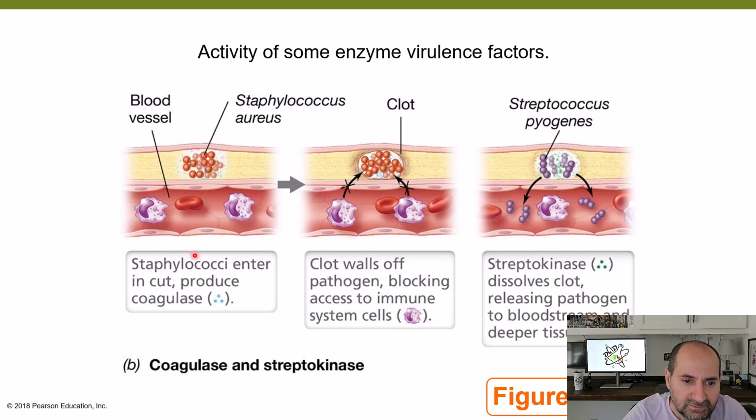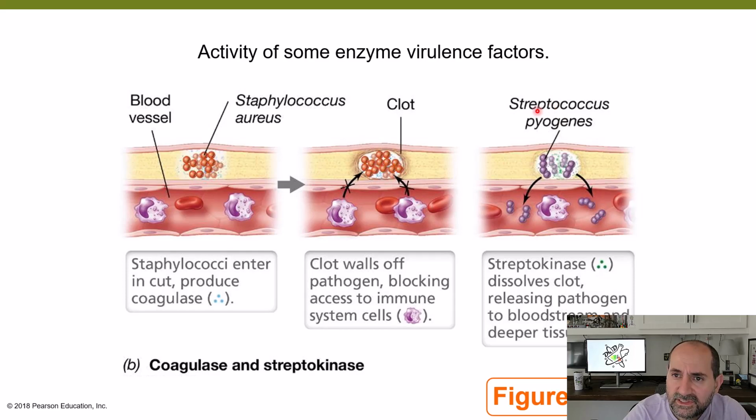But if the staph were to produce coagulase, this forms a clot. And the clot walls off the pathogen. It's almost like it forms a little wall, blocking access to the immune system cells. So here the phagocytic cells can't get to the site of infection to clear the infection.